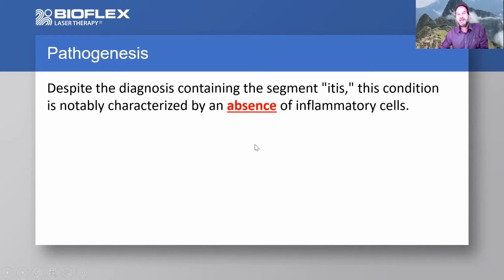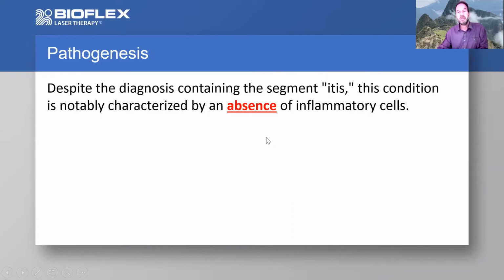So despite the diagnosis of being an itis, plantar fasciitis is actually not so much an inflammatory condition. Kind of like when you think about tendinitis, oftentimes it's a tendinosis that's the issue, not an acute inflammatory condition.